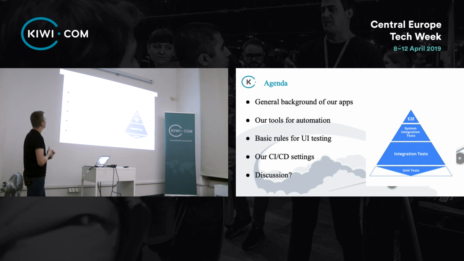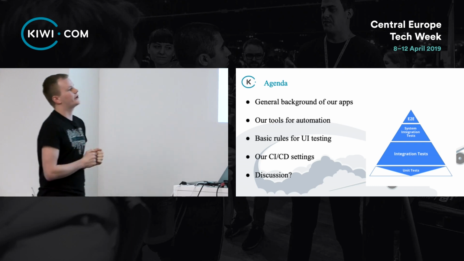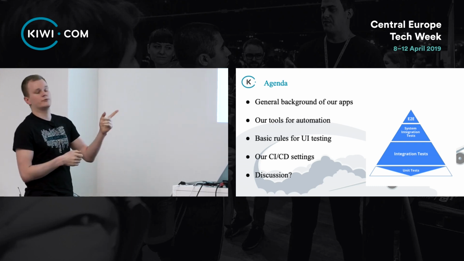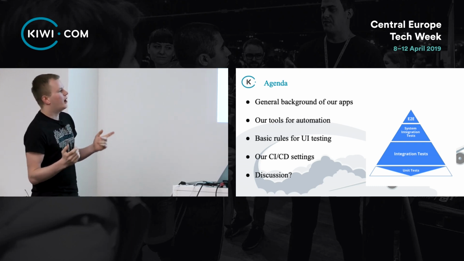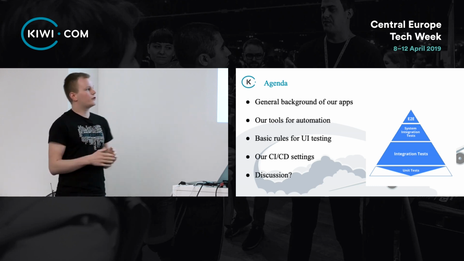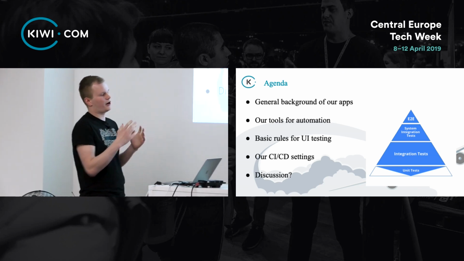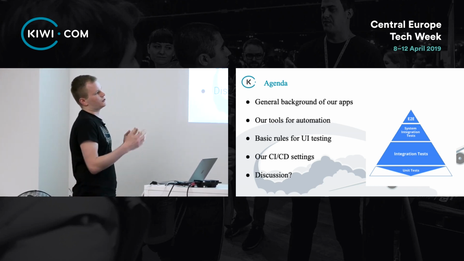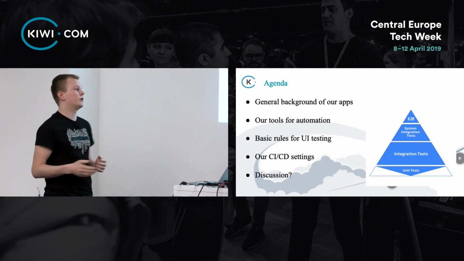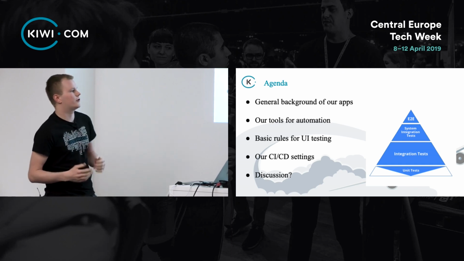Okay, so I was told that at the beginning of every QA related presentation there should be a testing pyramid. For those who don't know, this is basically how your tests should look for any project, not only a mobile project, for any project in general.